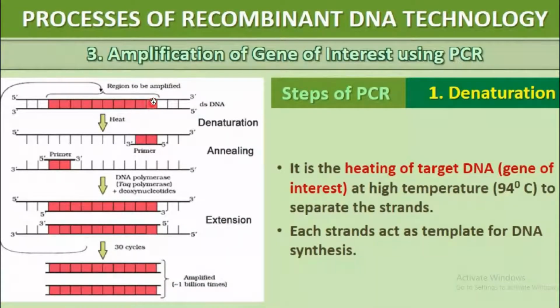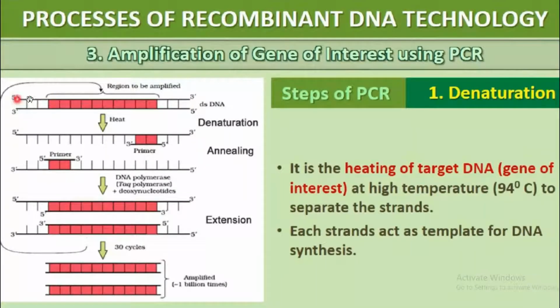See, this is the gene of interest at high temperature, that means 94 degrees centigrade, to separate the strands. So by using the denaturation process we can separate these two strands of the DNA. Here you can see the two strands.